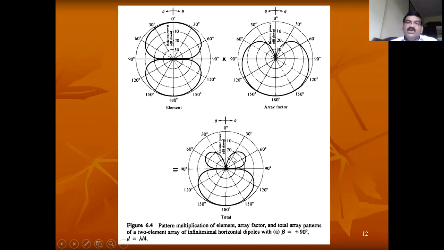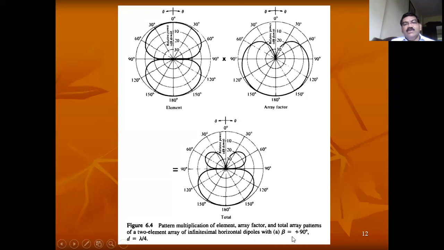Here the radiation pattern of the general element is divided into lobes. Now it is majorly focused in the down lobe, and these are the side lobes. Compared to the previous, the directivity of this antenna is improved, so obviously the gain will be improved.